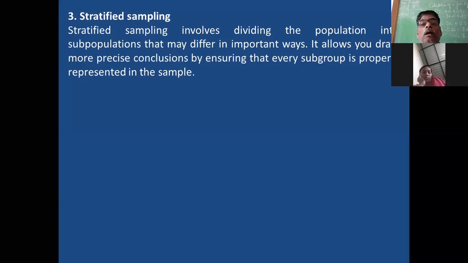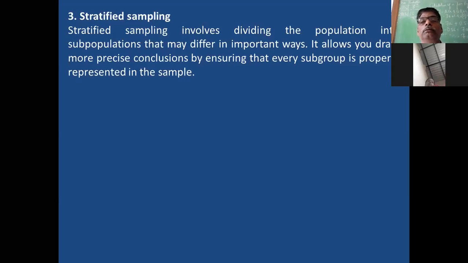It allows you to draw more precise conclusions by ensuring that every subgroup is properly represented in the sample. If you divide the whole population into subgroups, and from each subgroup you take the samples, then that sample will provide you accurate result.